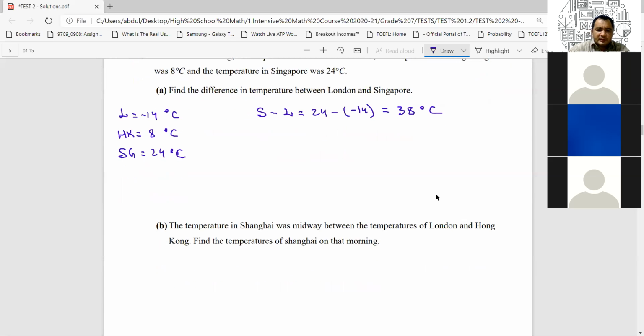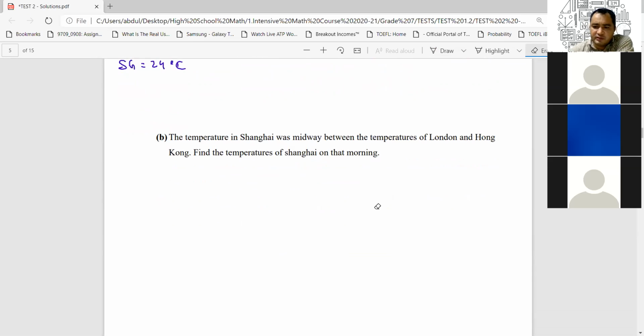And in question B, the temperature in Shanghai was midway between the temperature of London and Hong Kong. Find the temperature of Shanghai on that morning. So here, midway means we are talking about two temperatures. I think I should draw a vertical line, because usually temperature is measured on a vertical line, right?